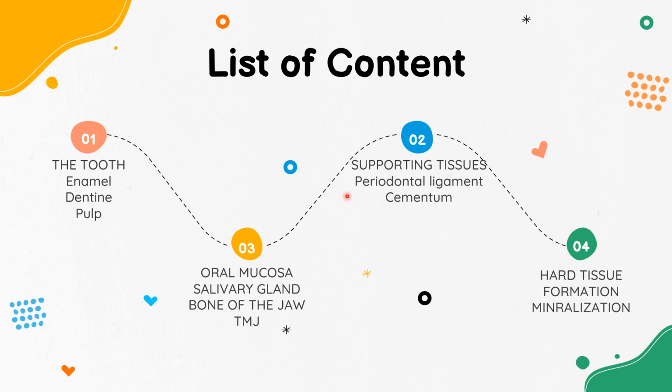Then we did supporting tissues, periodontal ligament, and cementum. And in the last lecture, we were doing oral mucosa, salivary gland, and TMJ. I left behind bone of the jaw purposely because we will be covering this as a whole different unit or chapter. In this video, we are covering hard tissue formation and its mineralization.